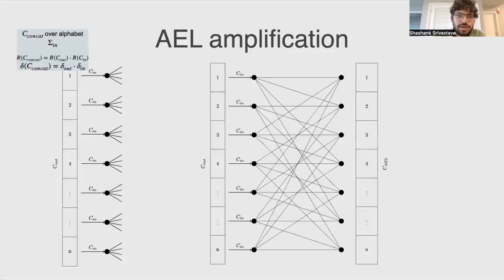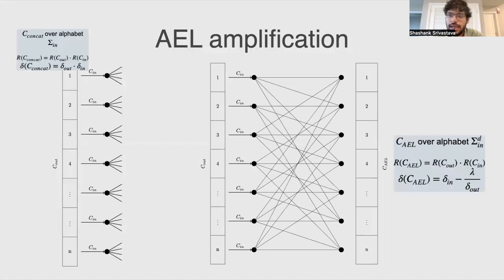AEL does a twist on top of concatenation, where you do this concatenation so that the codeword then lives on the edges of an expander. In the AEL amplification, all of this happens on the left side of the graph. On the right-hand side, we collect together all the symbols that we see on a particular right vertex, and those symbols are then folded into a single big symbol.